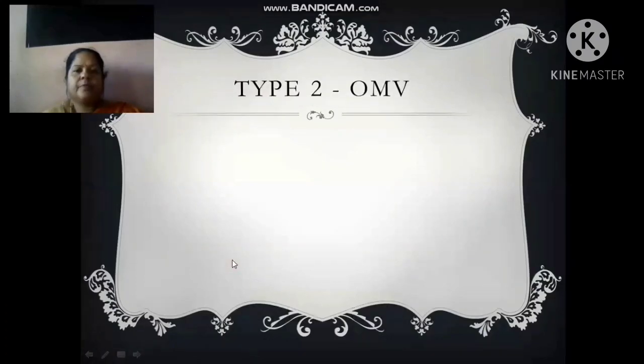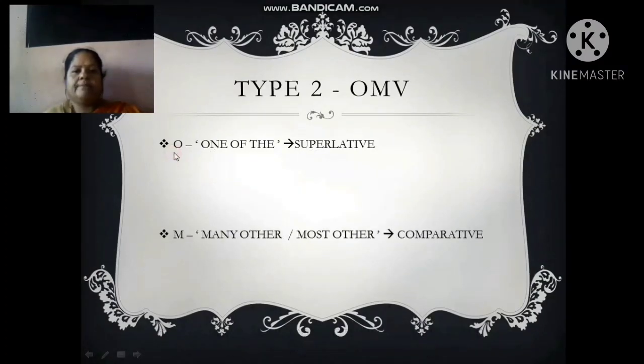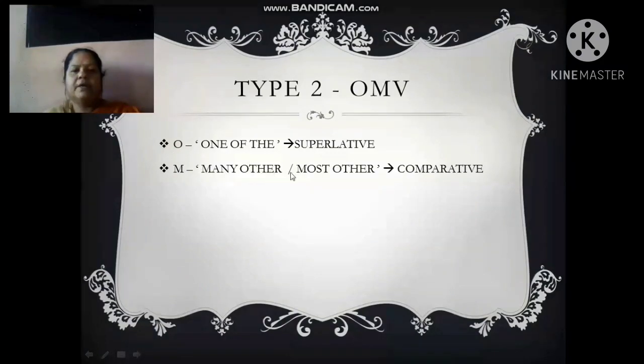Type 2, OMV model. O, one of the in superlative degree. M, many other or most other in comparative degree. V, very few in positive degree.